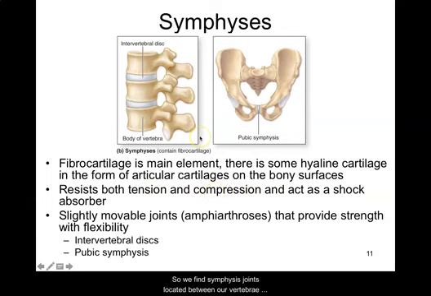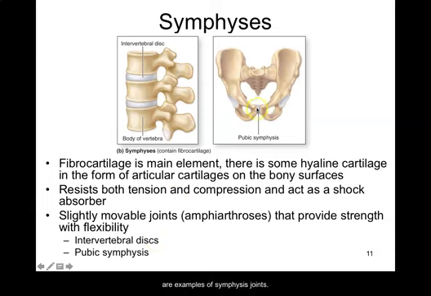So we find symphysis joints located between our vertebrae. Every single intervertebral disc has a huge chunk of fibrocartilage at its core, and that's going to serve as a joint located between two vertebrae, separating the bodies of the vertebrae from one another and connecting them to each other. So those intervertebral discs are examples of symphysis joints.